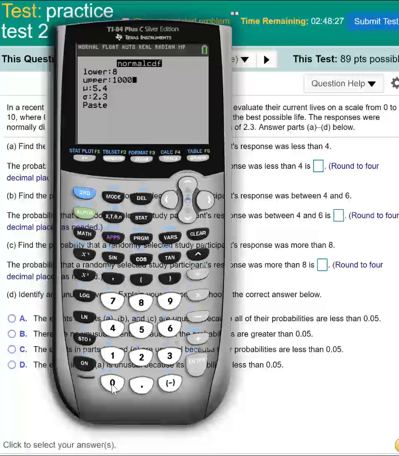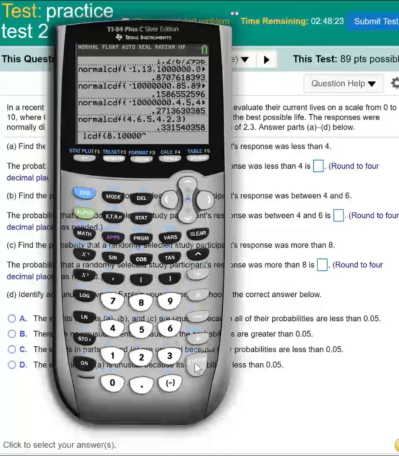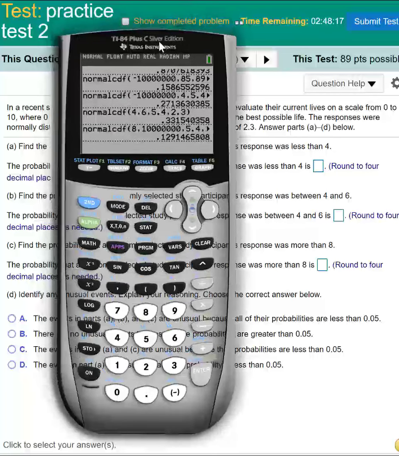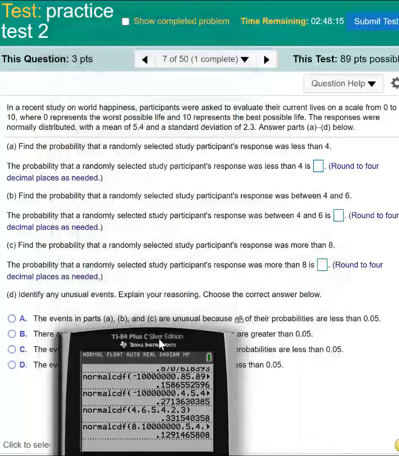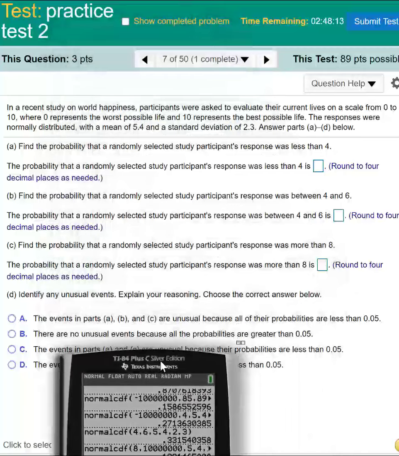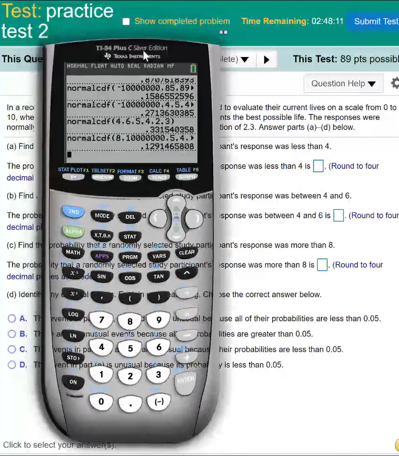Upper will be a million, and leave the mean and standard deviation alone, and it's 0.1291. Identify any unusual events. If any of the probabilities are less than 5%, they are considered unusual events, but as you notice, none of them are less than 5%, so there are no unusual events in here.